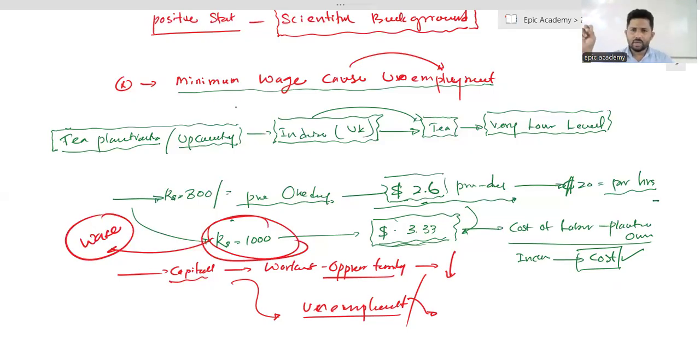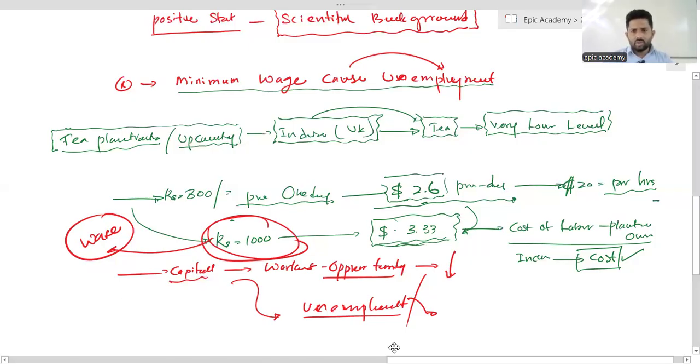In a scientific background, there must be a combination of three or more components in the economy. There must be a relationship. There must be actual situations. There must be a practical situation. That is why I say there must be a scientific background behind the positive statement. That's what happened.